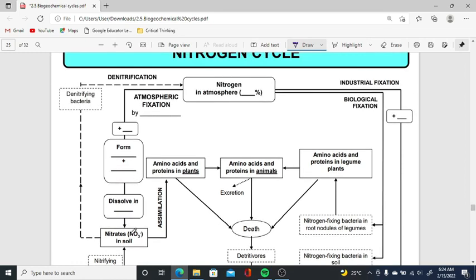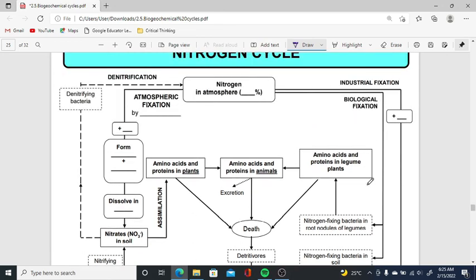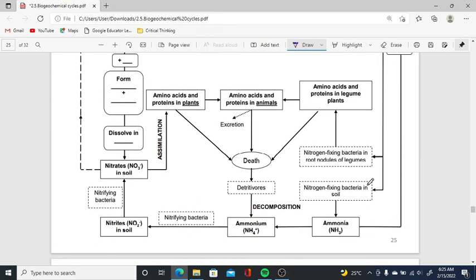And then kita convert back nitrate kepada nitrogen gas via denitrification. Okay, yang ini pula adalah biological fixation lah, menggunakan the two types of bacteria, sama ada symbiotic bacteria ataupun free living bacteria. Okay, so nanti isi handout ni untuk nitrogen cycle. Okay, itu sahaja untuk nitrogen cycle.